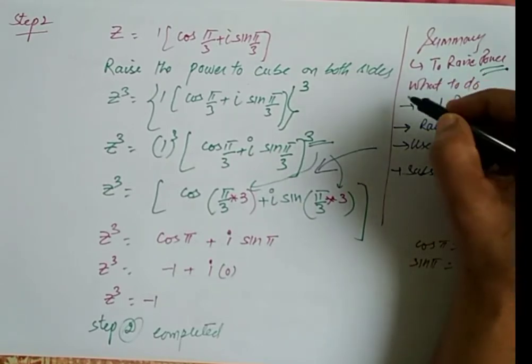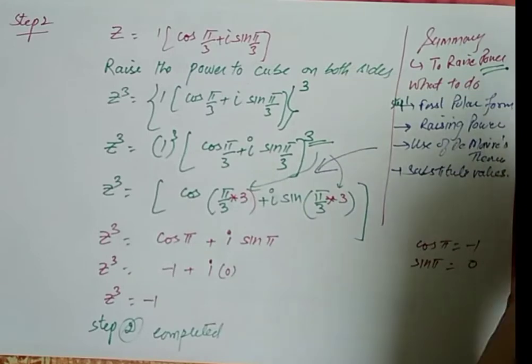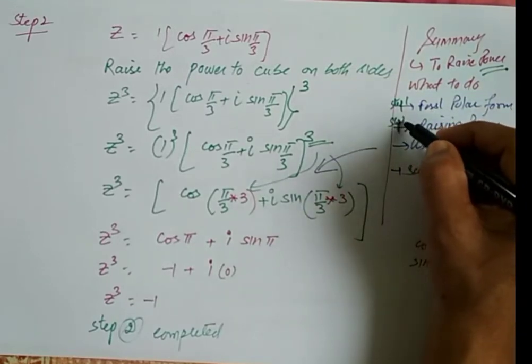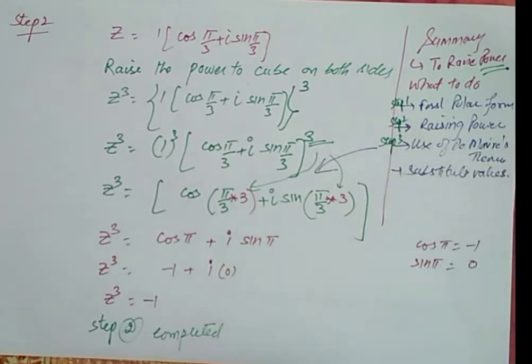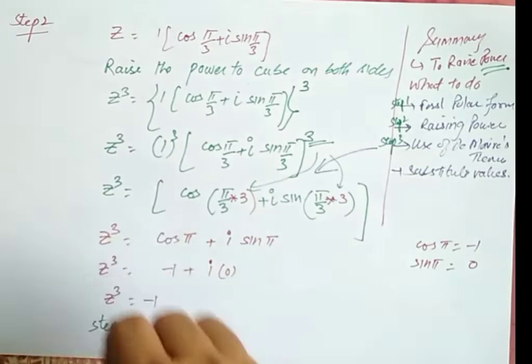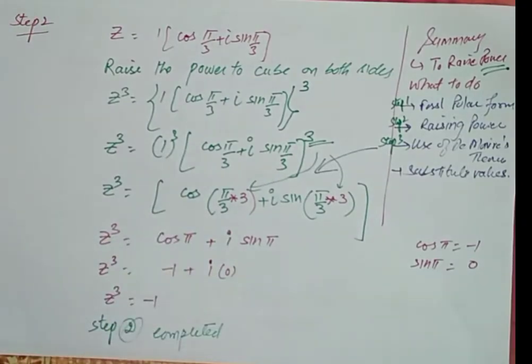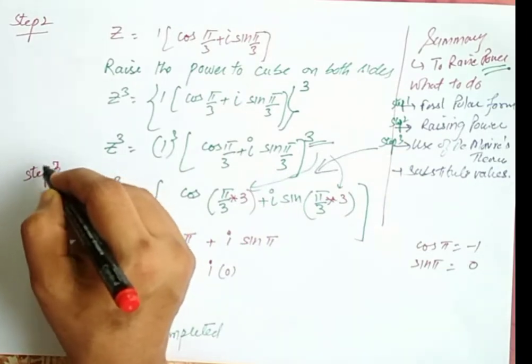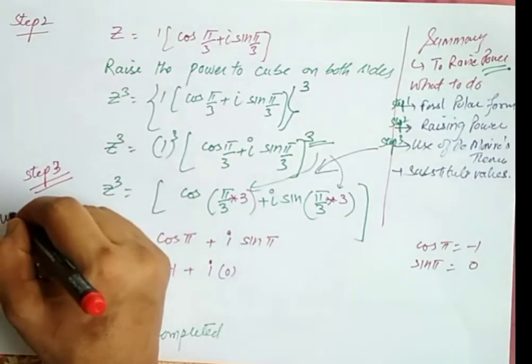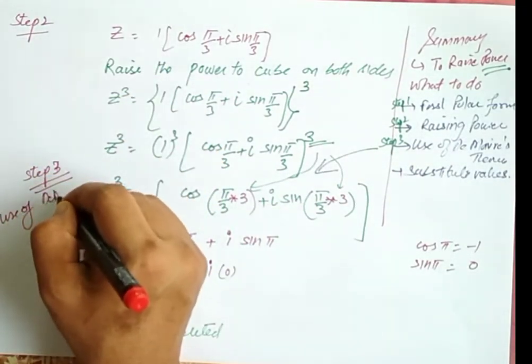Step 1 is to find the polar form. Step 2 is to raise the power. Step 3 is the use of De Moivre's theorem. So here I must write step 3, I forgot to write it here. This is our step 3, use of De Moivre's theorem.